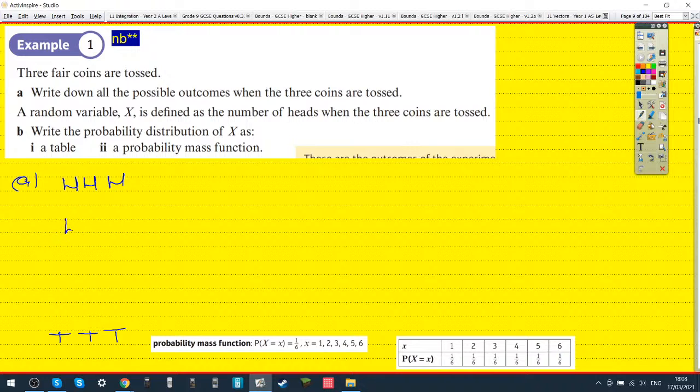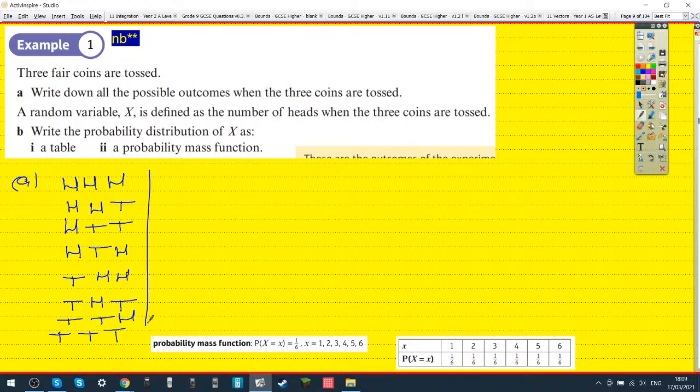More than that. So there's also heads, heads, tails. Heads, tails, heads. Tails, heads, heads. Tails, heads, tails. Tails, tails, tails.